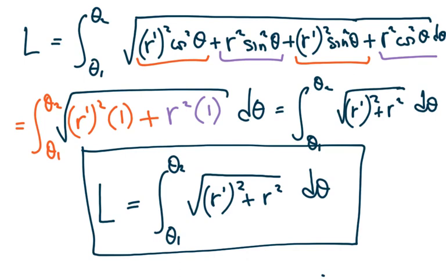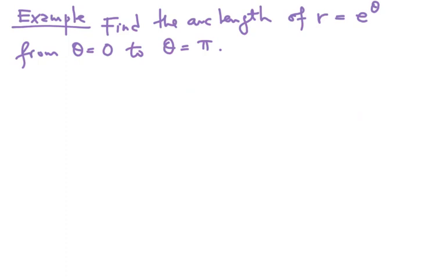Okay, so let's see how we apply this formula in a concrete example. See that to calculate the arc length, you need r and you need r prime. So let's see this example. Let's calculate the arc length of this curve from this angle to this angle. We just write down the formula that we just deduced.